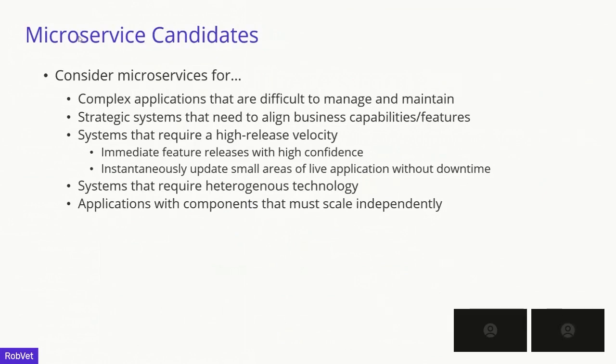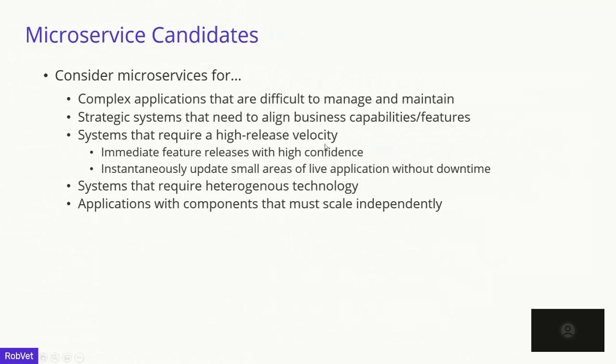If I have complex applications that are key to the organization, they're enterprise or critical, but they're difficult to manage and maintain, that may put them into this particular bucket as a candidate. Strategic systems that need to closely align with business capabilities and features, again, that may make them a candidate. A system that requires a high release velocity. We're going to be releasing all the time. We need to be able to do that with high confidence.